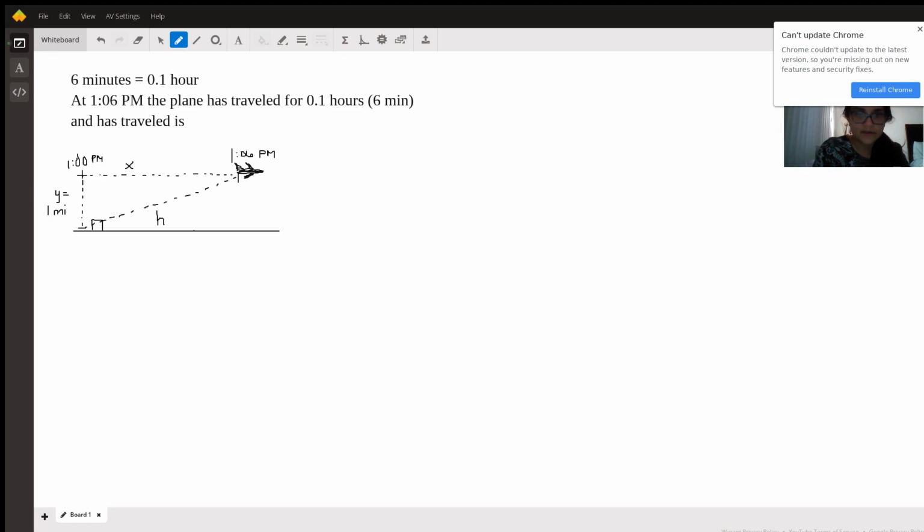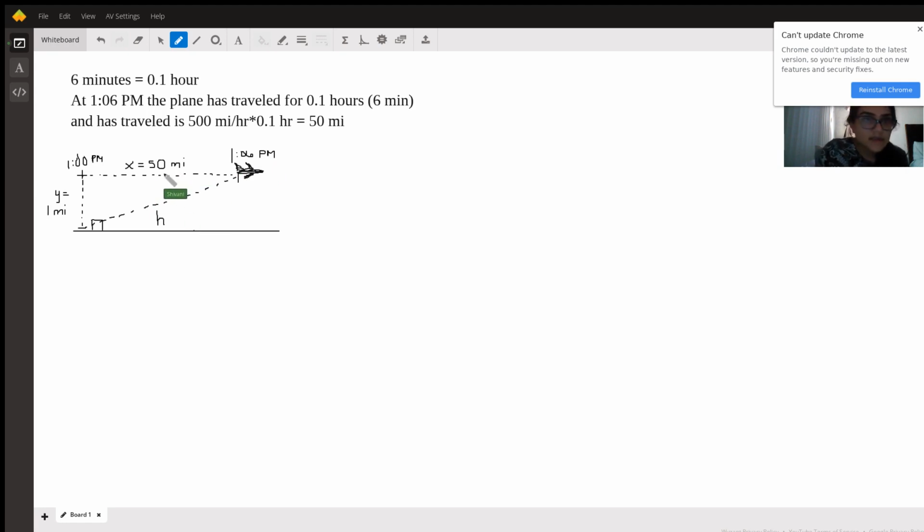So it'll be 500 miles per hour times 0.1 hour, which would be 50 miles. So this x right here is 50 miles. At 1:06 p.m., the horizontal distance is 50 miles.